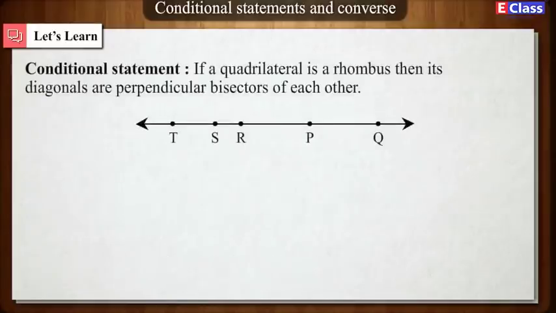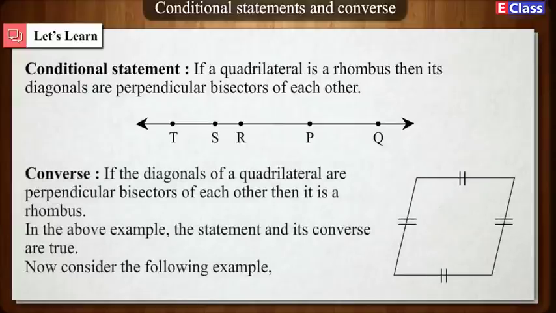Conditional statement: if a quadrilateral is a rhombus, then its diagonals are perpendicular bisectors of each other. Converse: if the diagonals of a quadrilateral are perpendicular bisectors of each other, then it is a rhombus. In the above example, the statement and its converse are true.